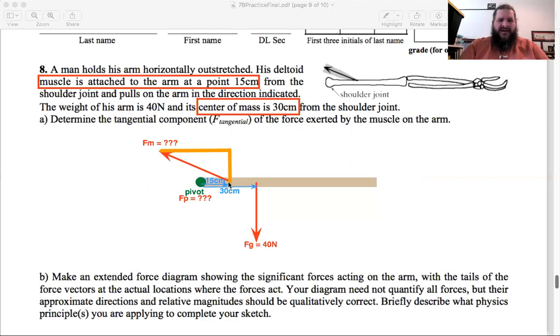Let's say you put a mark on the arm at the location where the muscle attaches and you start rotating the arm. As the arm rotates, what path is that point going to trace out? If the arm starts rotating, what path would a single point on the arm trace out as it rotates?